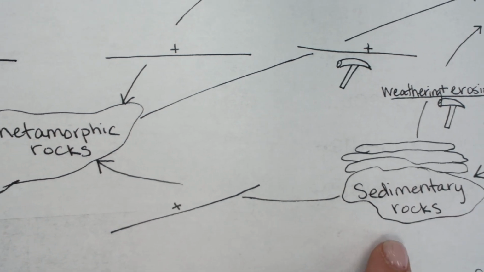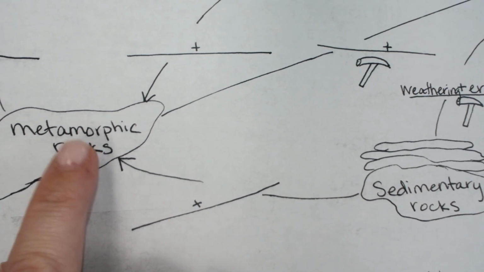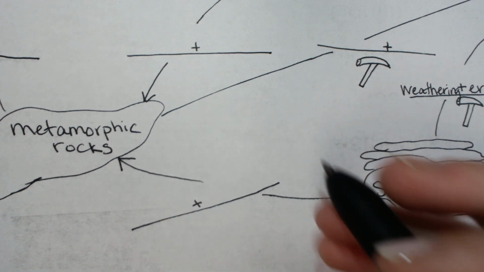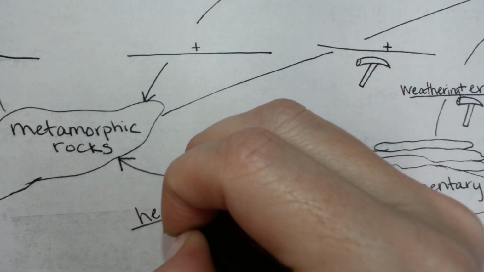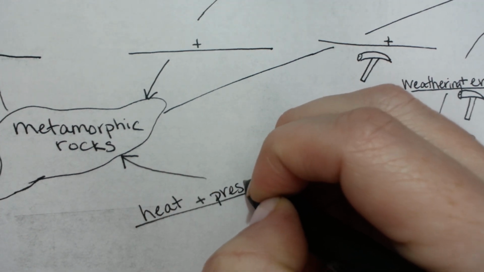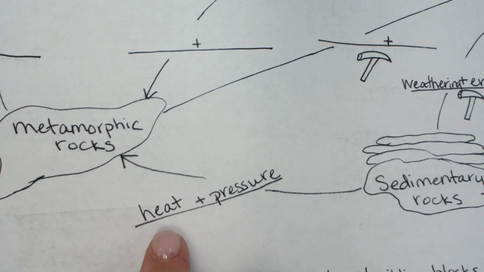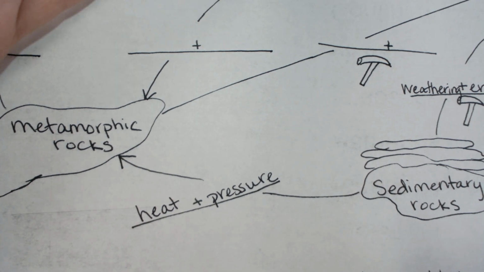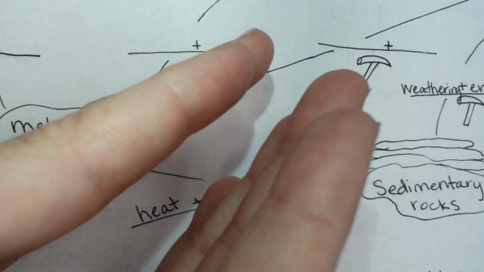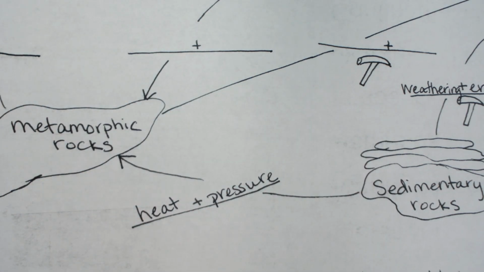Let's move forward from sedimentary rock. You can take a sedimentary rock and turn it into a metamorphic rock. The way you do that is through heat and pressure. There are multiple ways you can heat a rock. You can continue compacting and compacting, and as you push something together, it builds heat naturally.